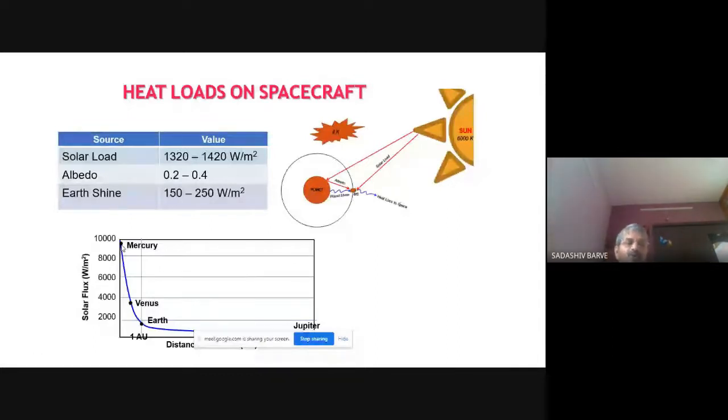So if any satellite goes toward Venus, or in the worst case Mercury, it needs to sustain very high temperature. It is a surface, and we need special treatment or special insulation to withstand such a very high external sun load.